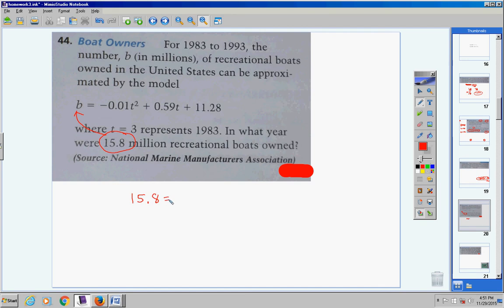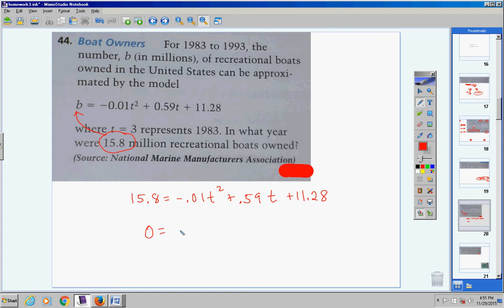So here we go. 15.8 equals negative 0.01 t squared plus 0.59 t plus 11.28. Right away, you can see you have a quadratic equation with a t term and a t squared term, so we're going to have to use the quadratic formula.